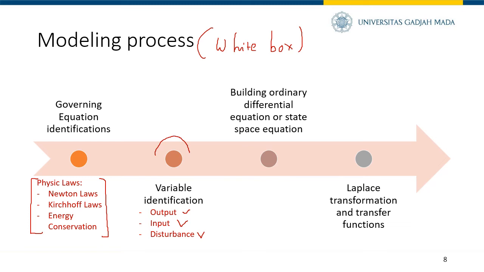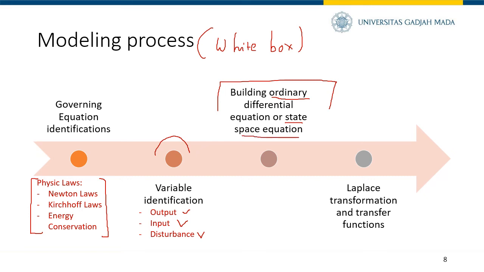Then after you identify the governing equations and the variables, you can build ordinary differential equations, or usually ordinary, but in some cases it is not the case, it might be highly nonlinear. And in other cases you need to determine the state space equation.